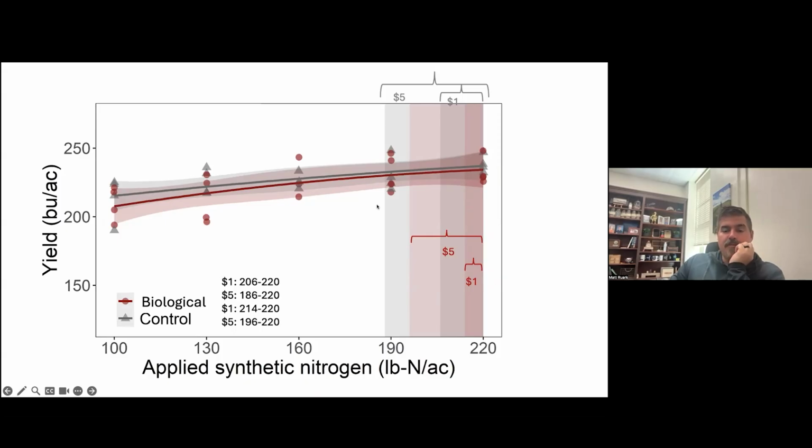Within a $5 profitable range, you could drop down as low as 186 to 196. So you could drop down almost 30 pounds, right? And still be within a fairly profitable range. So the problem with flat curves is that these profitable ranges are very wide. They're very wide.